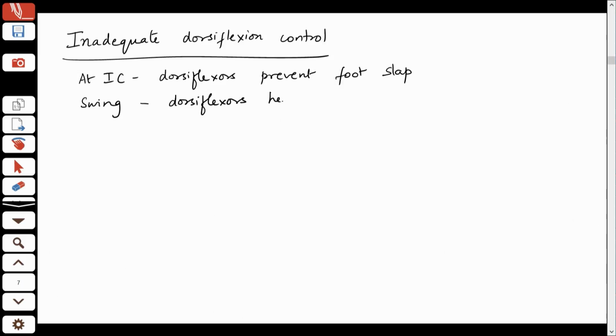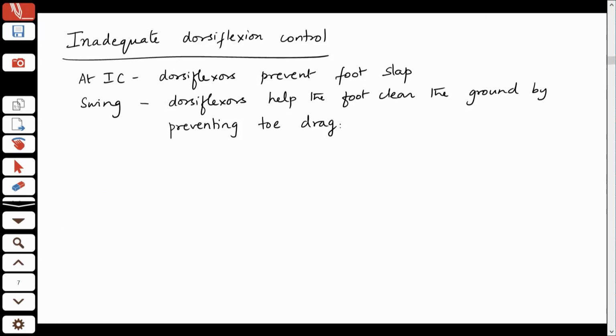Then during swing, dorsiflexors help the foot clear the ground. So, these are two instances where they prevent the toe from dragging. So, this could also be a problem.